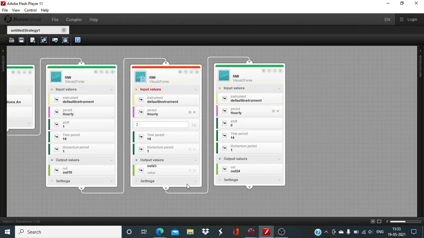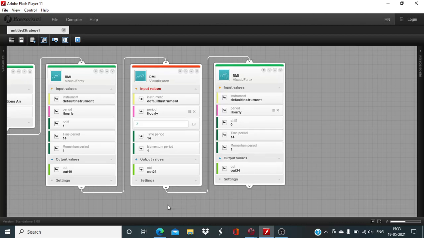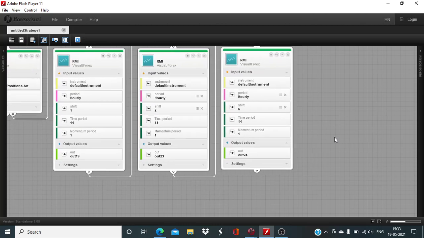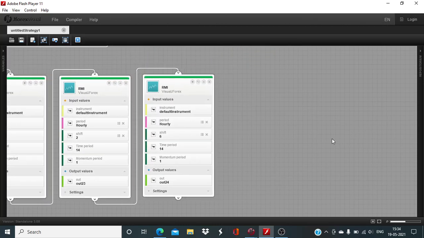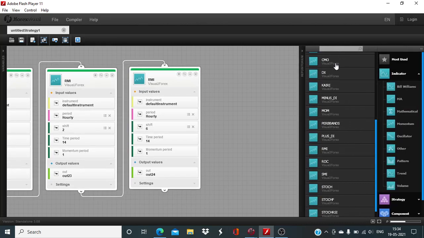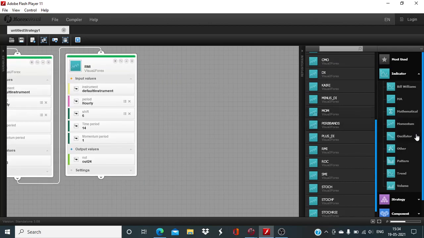Value of 2 and 6. Along with that, as I explained to you on the chart, we will also need to add the get historical candle blocks.